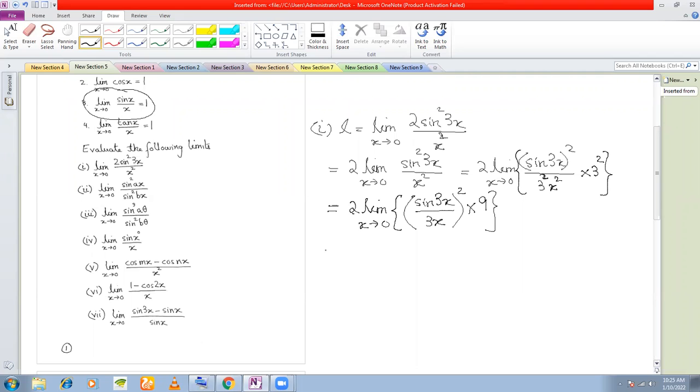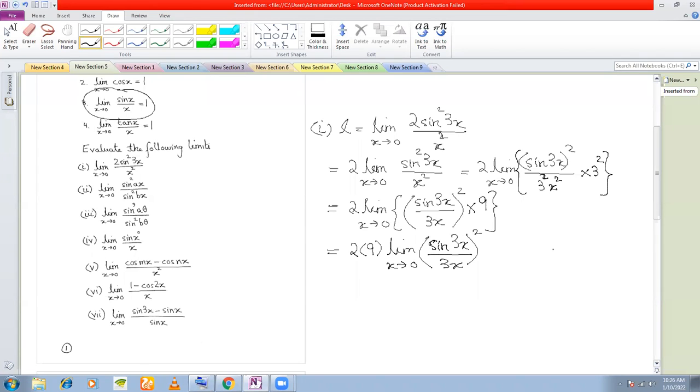Now 9 is a constant, so I can take 9 out. That means this becomes 2 into 9, limit x tends to 0, sine 3x by 3x whole square, right?